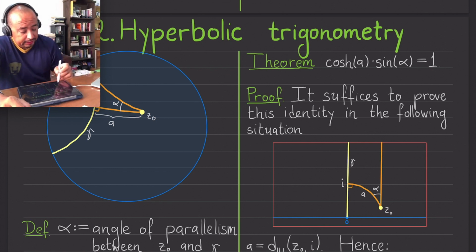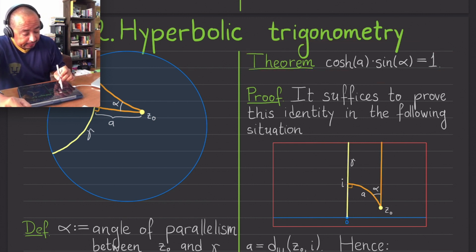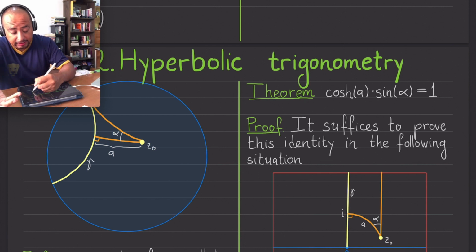And the way one computes it is through this very beautiful theorem that says that the hyperbolic cosine of the distance from Z0 to gamma, where is it achieved? Well, it's the distance between z naught and the point of intersection between gamma and the shortest curve orthogonal to it passing through z naught, right?